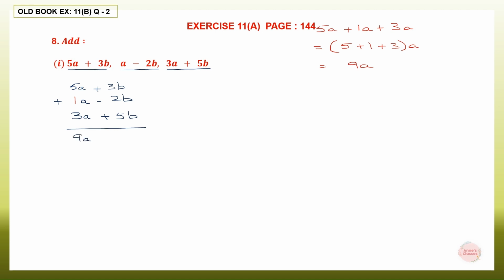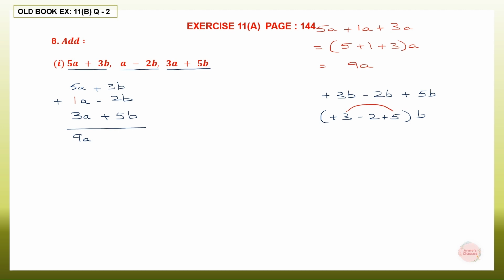Now let's take the next one. Next one is plus 3b minus 2b plus 5b. So here also let's write only the numbers plus 3 minus 2 plus 5 and b. So we learned in the previous question to put the plus signs together, minus signs together to make it easy. So we are adding up the numbers with a plus sign.